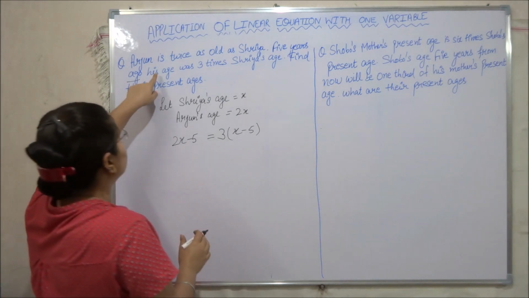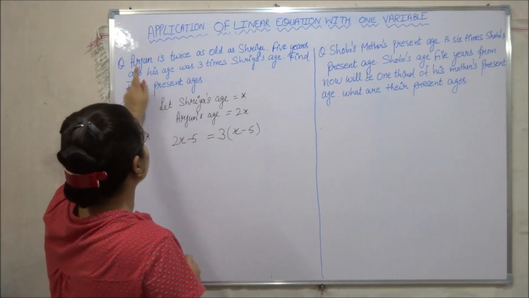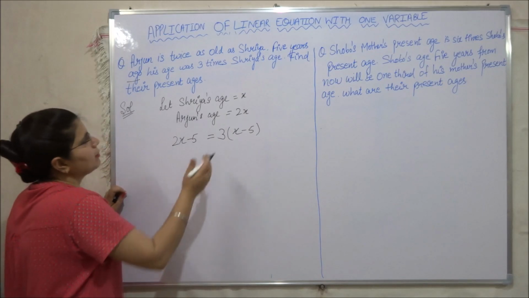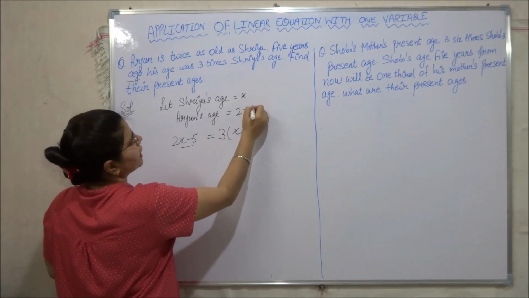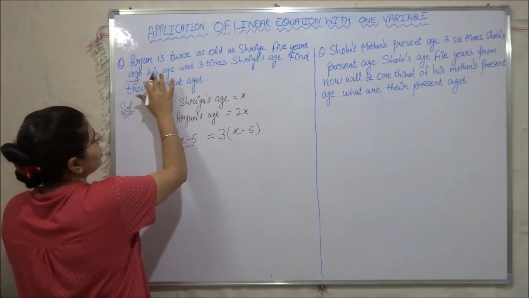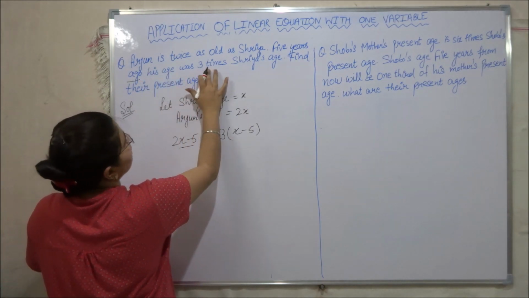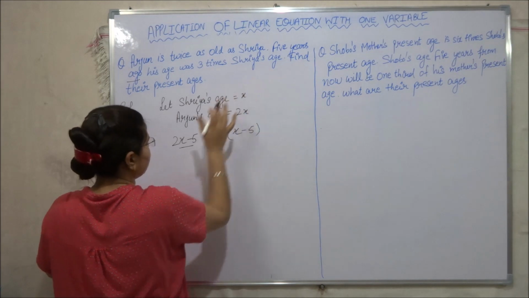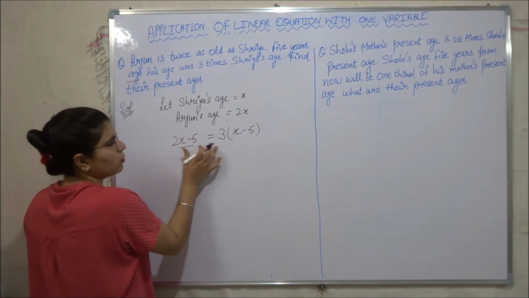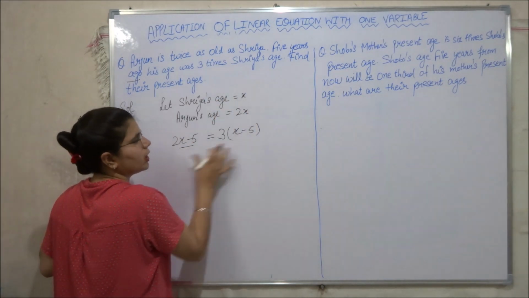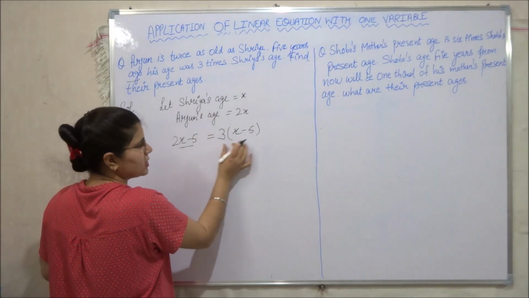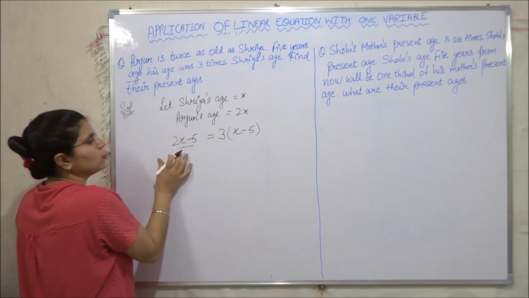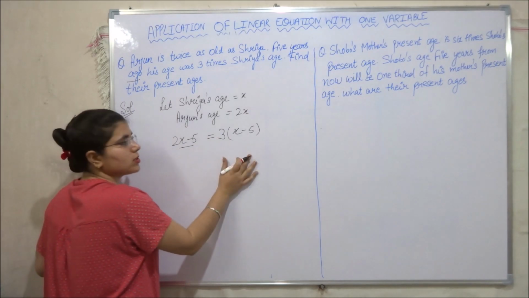Because he told us that 5 years ago, that means 5 will be subtracted from both their ages. Now Arjun's age was 3 times Shreya's age. Now if we want to write their ages in an equal condition, then we should multiply Shreya's age with 3, so that it will be equal to Arjun's age.